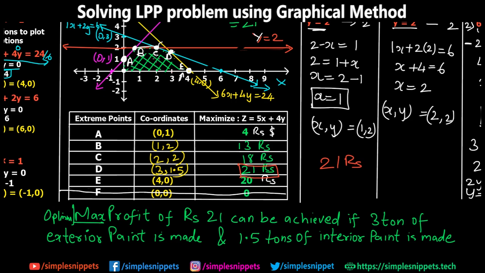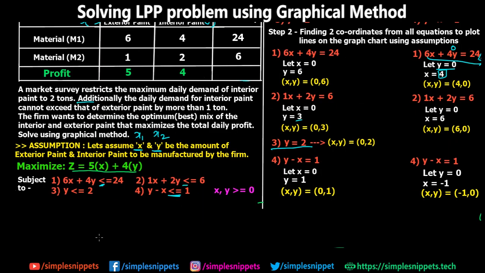Whatever values are inside this region are also going to satisfy all the constraints. In fact, you can take any point that we just plotted on the graph, in the feasible region or at the boundaries of it, and substitute those values in these constraints, and you can see that it will satisfy those constraints.